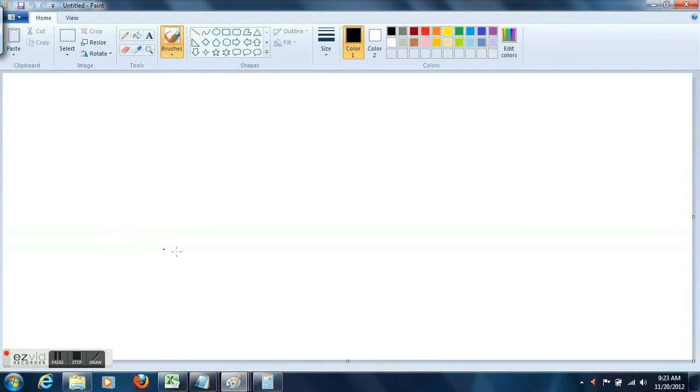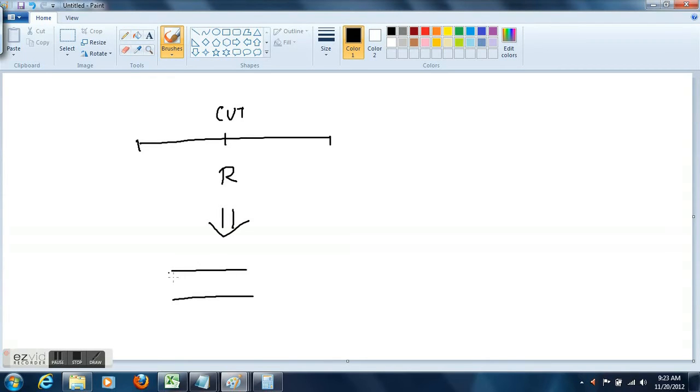Initially I had a wire which had a resistance of R. Then I cut this wire in the middle, and then I combine these two pieces in a parallel connection.